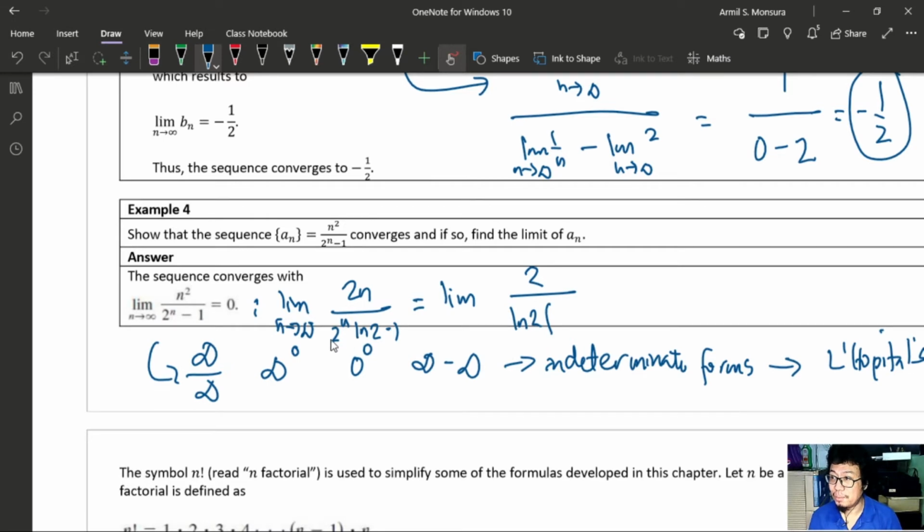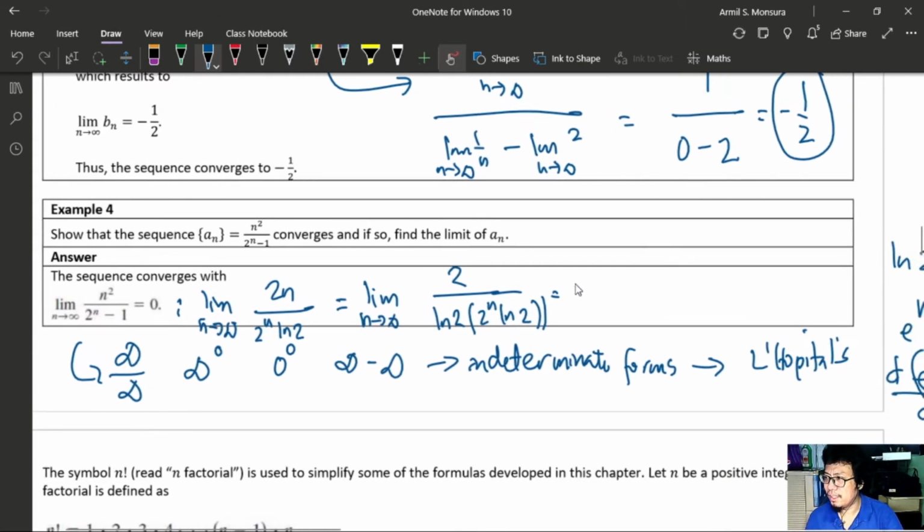Then we take the derivative of 2 raised to n. Again, we have known that the derivative of 2 raised to n is 2 raised to n times the natural logarithm of 2. And then we don't have minus 1 here anymore, because when we take the derivative of this, that's 0, as n approaches infinity.